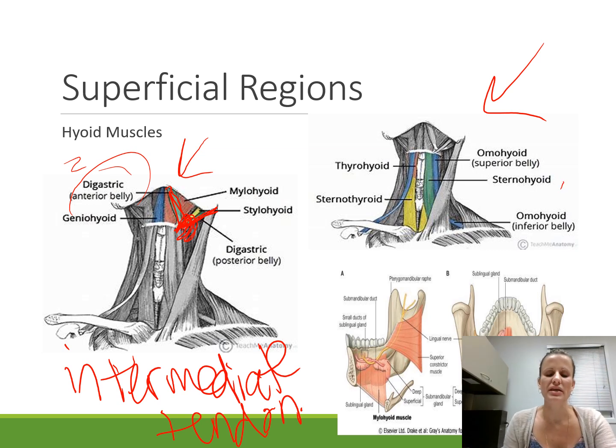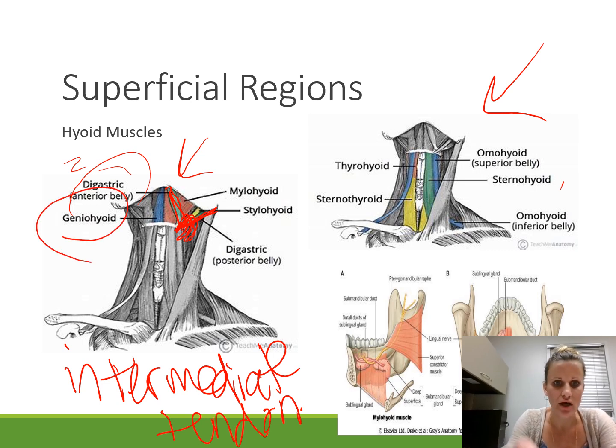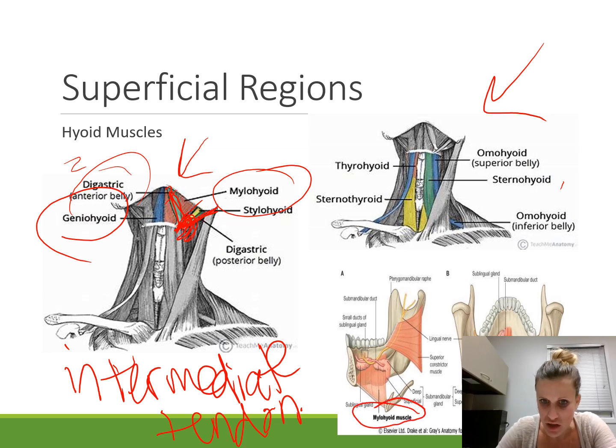Over here, we'll see that we also have another muscle that has two bellies. So the digastric, the geniohyoid, mylohyoid is this rather large strap-like muscle, and I have it shown over here as well so that you can see how it progresses up from the hyoid bone into the floor of the mouth underneath the tongue.